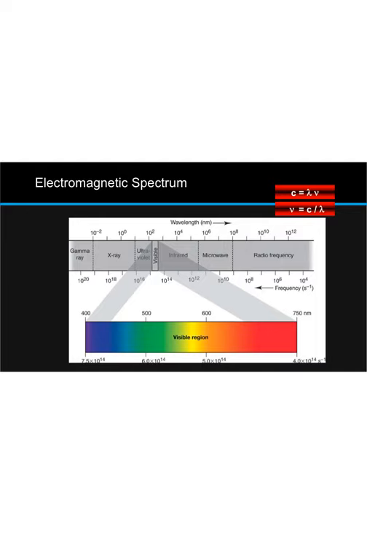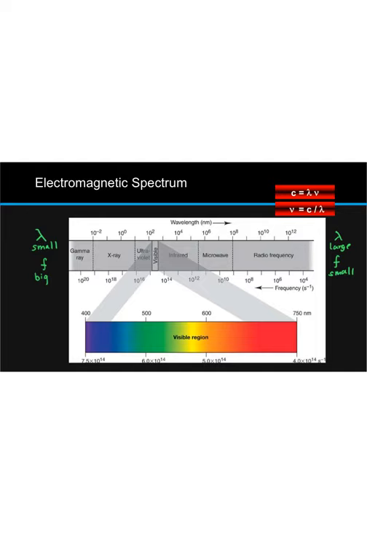So on the left-hand extreme, our wavelength is small, so lambda is small, and our frequency is big, f is big. At the opposite extreme, those two things swap. Lambda, our wavelength, is large, and frequency is small. We'll revisit what these quantities mean in just a few moments.